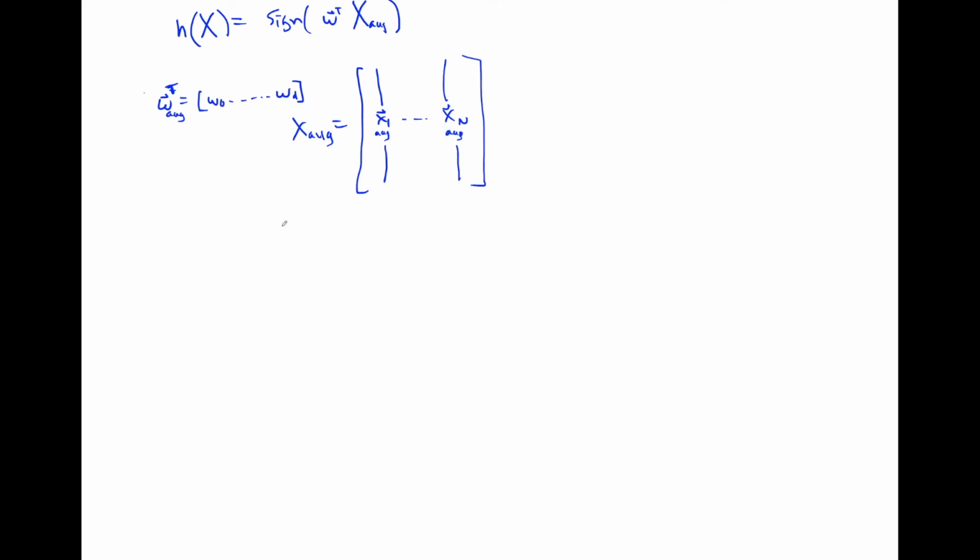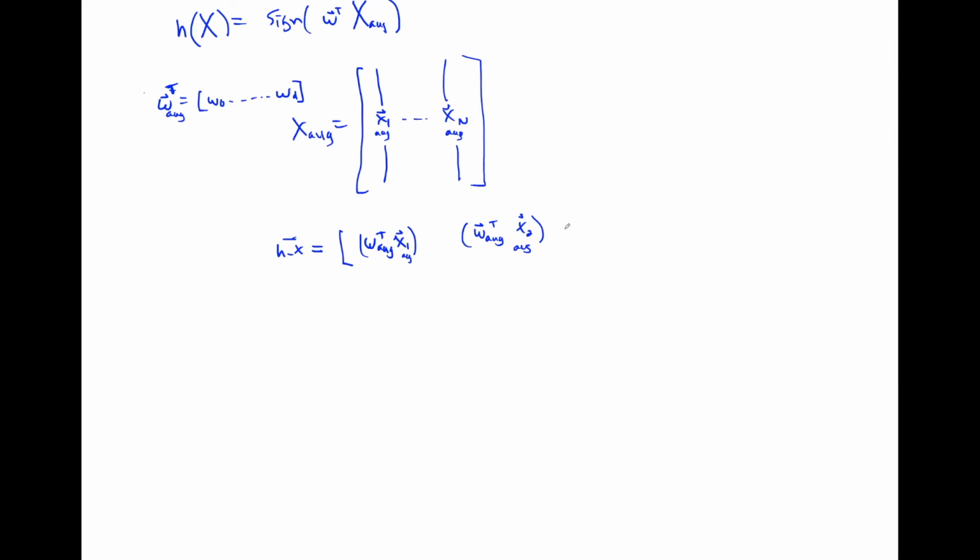And so what we end up with is a vector output. Let's call that Hx, and that output is going to consist of values equal to W aug transpose times X1 aug. That's one value. The next position is going to be W aug transpose times X2 aug.